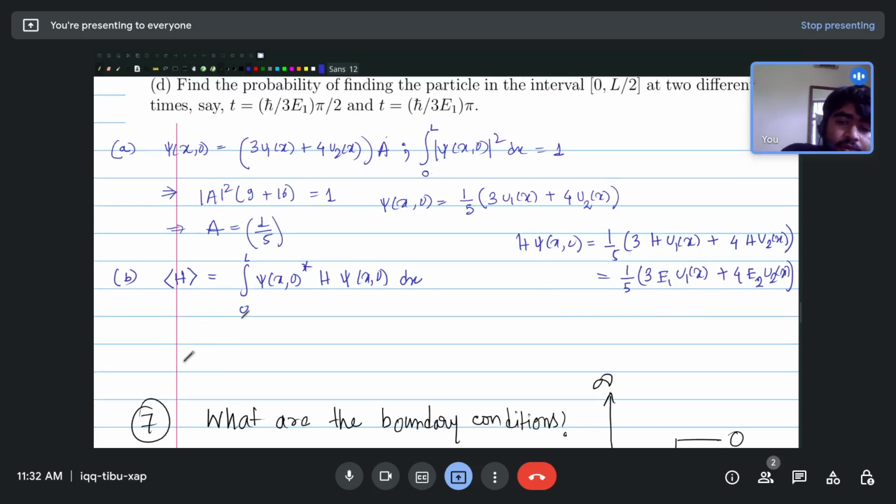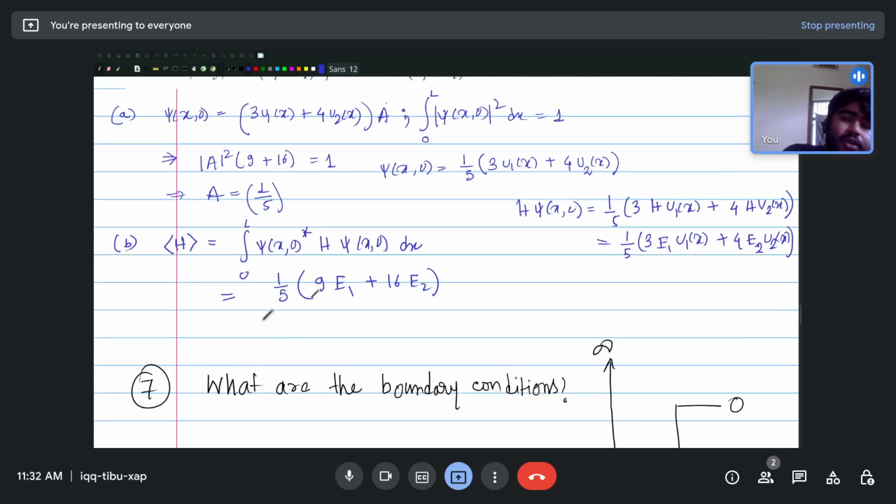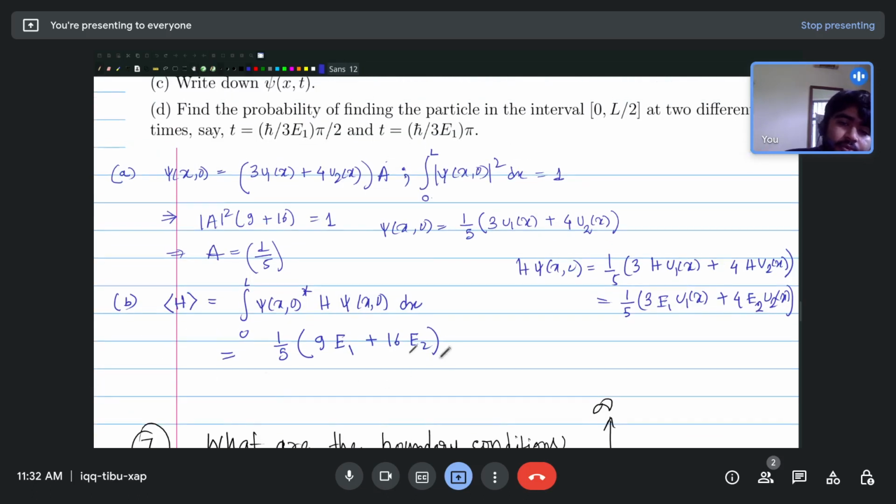Then when you plug this in and do the integration, using the orthonormality of u1 and u2, you will see that this becomes 1 by 5 times (9 E1 plus 16 E2). So this is the total expectation value of the energy. Now in a similar way you can also calculate P average.